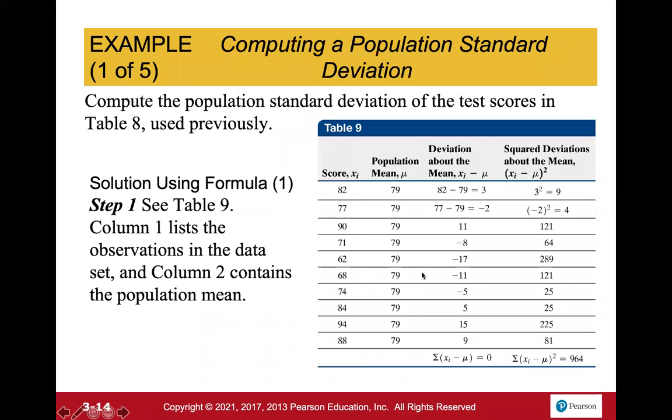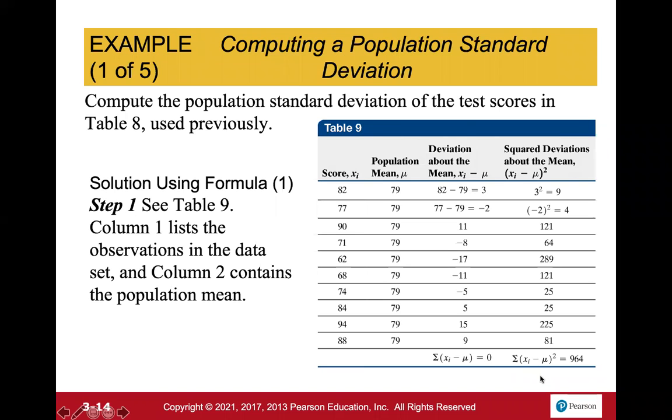So here they go about the exact same thing. The mean's exactly the same for all of them because it's the mean of that whole data set. We subtracted the mean from those values, so we found the deviation about the mean. So how far away are we from the mean? And once we have those values, we squared all of those values. The next thing we did is we added everything up.